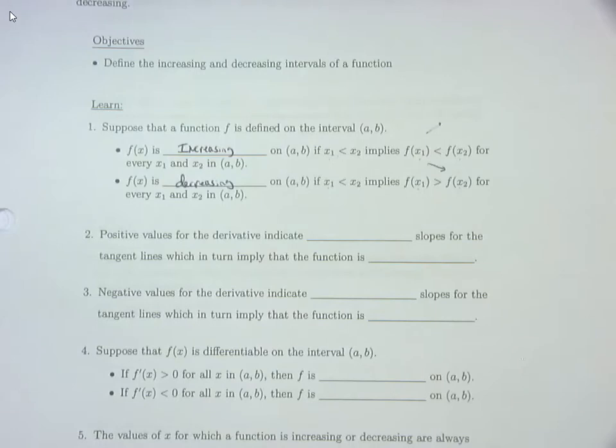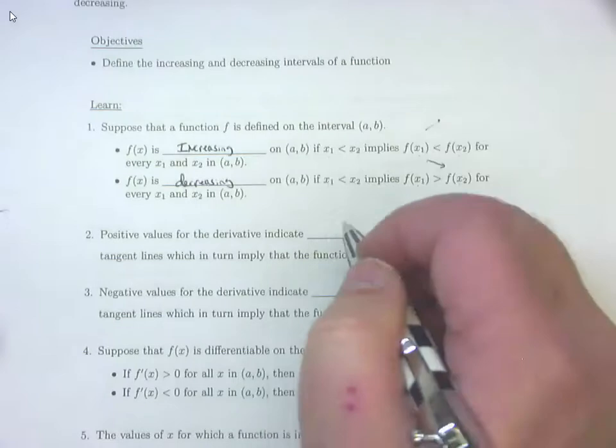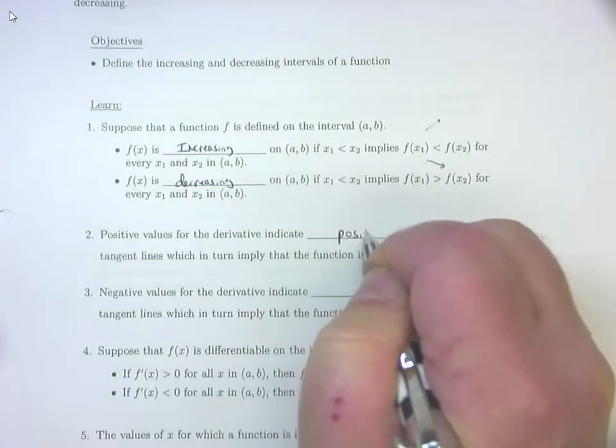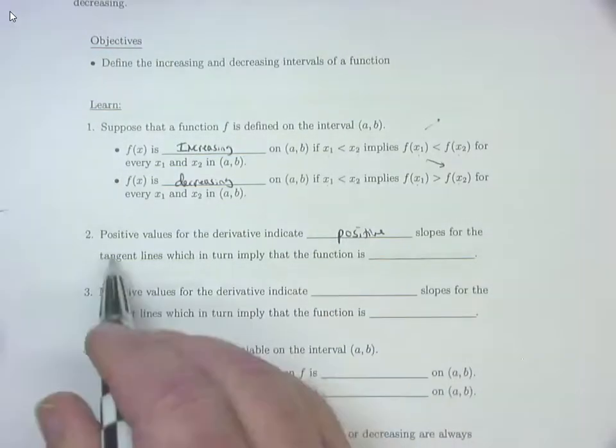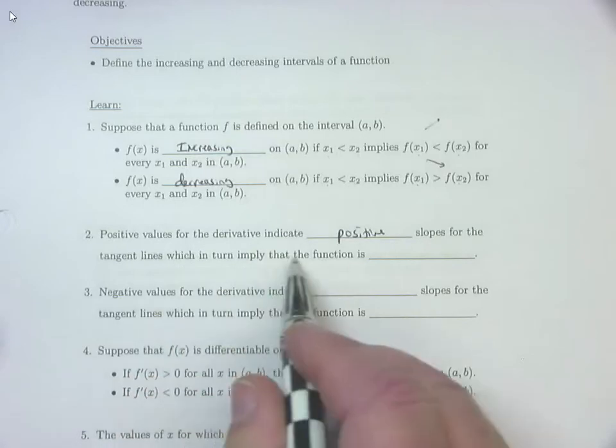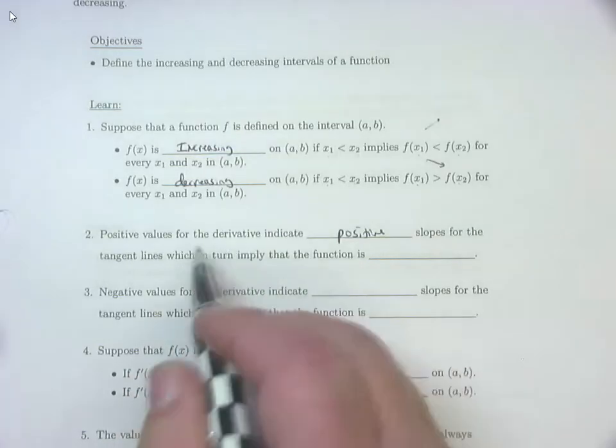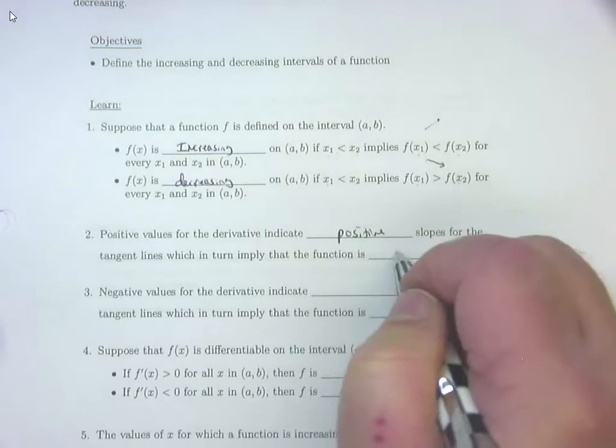Positive values for the derivative indicate what kind of slope? Positive values for the derivative means you're going to have a positive slope for all the tangent lines, which imply that the function is what? When you have a positive slope, you are what? Increasing.